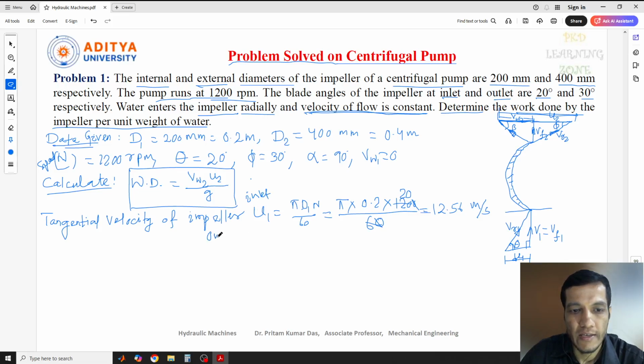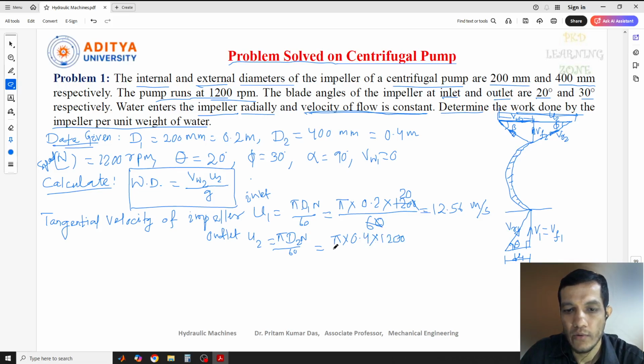Similarly, for the outlet condition, what will the tangential velocity of the impeller be? That is U2. In U2, we just need to change the diameter value, D2 divided by 60. So the remaining values will be the same. Only the value of diameter is twice: here 0.2, here 0.4, remaining all are the same.